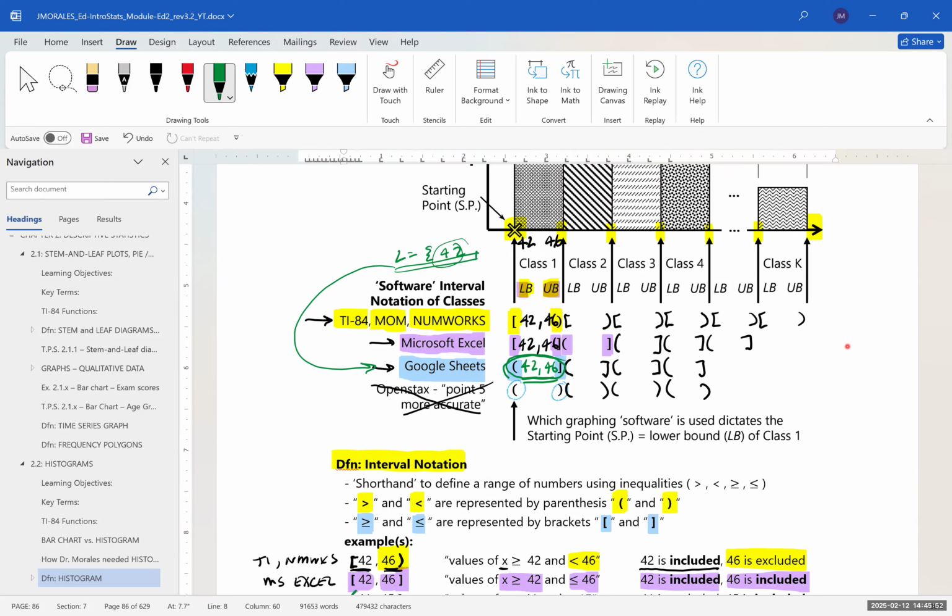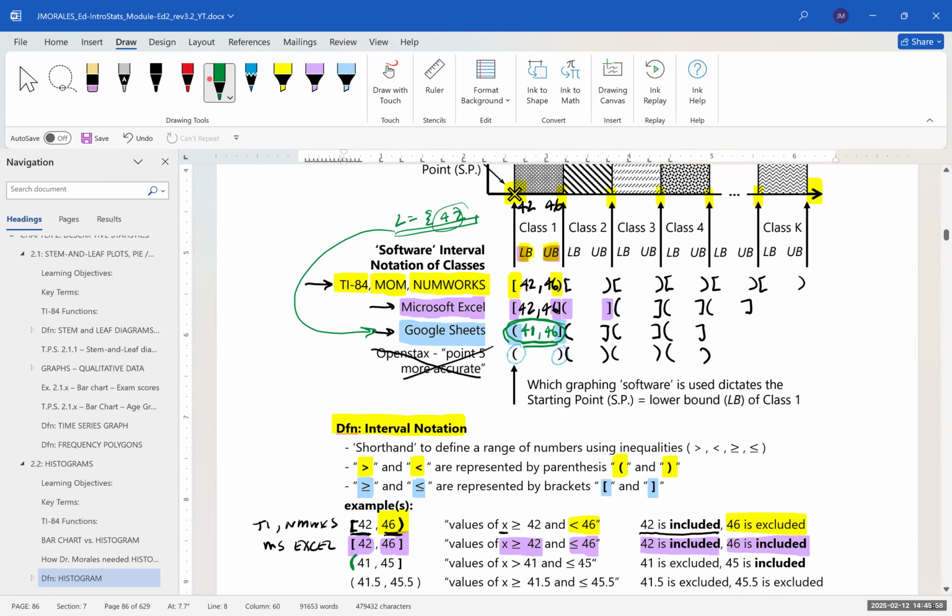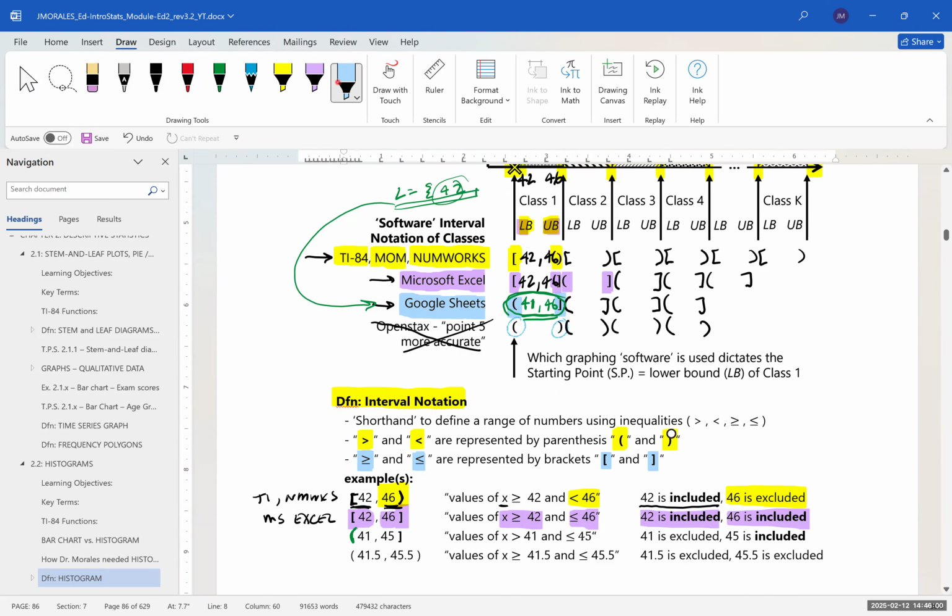So what we need to do is go a little bit lower, which is what I did here. And so this datum of 42 would fit in this interval because 42 is greater than 41 and less than or equal to 45.